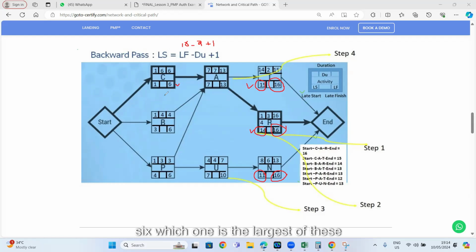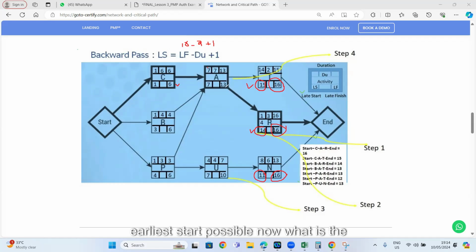Which one is the largest of these activities? 6, 4, and 3. We said, okay, since we need to wait for 6 days to finish, then 7 will come here. 4 will not come here. We could have said this is 4 instead of 7, but we said no, because we need to wait till C is finished. That's why we said that 7th will be the earliest start possible.